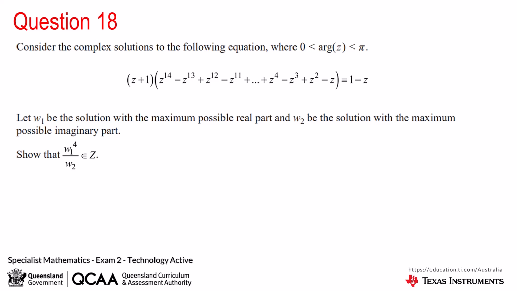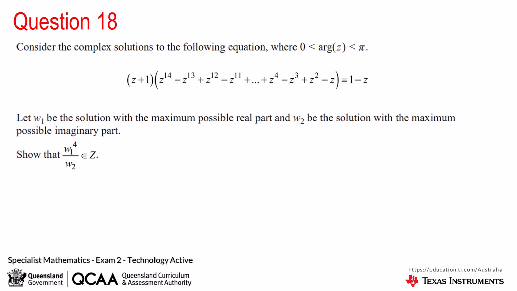The solution with the maximum possible imaginary part will occur for k equals 4. And so therefore W2 will equal cis 8 pi on 15. And that's because the imaginary part is sine 8 pi on 15, a value that's around about 0.99 and again just below 1.